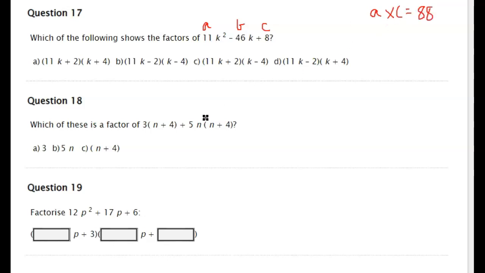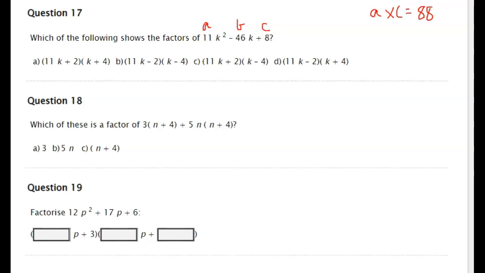And then we need to work out, all right, I had to just pause again, sorry. So two numbers, let's start again. Multiplying A times C is 88, and we need two numbers that give you 88 but add to negative 46.